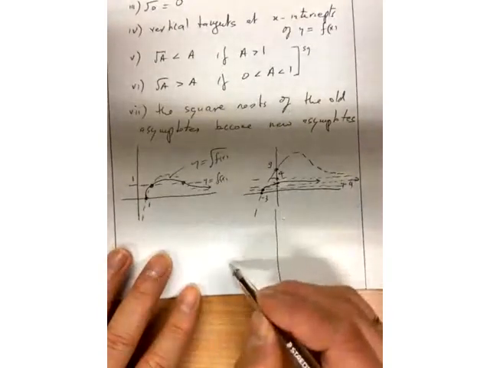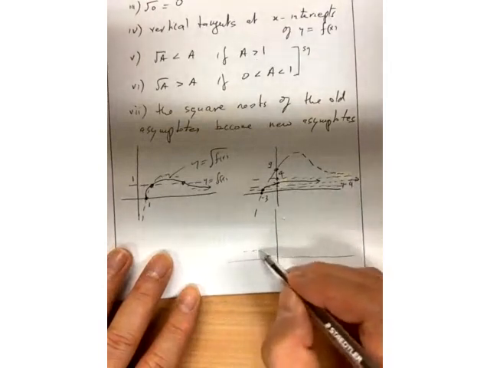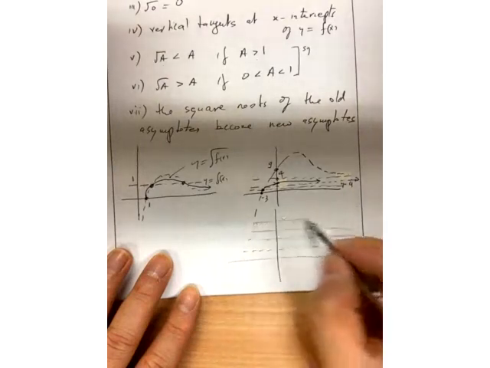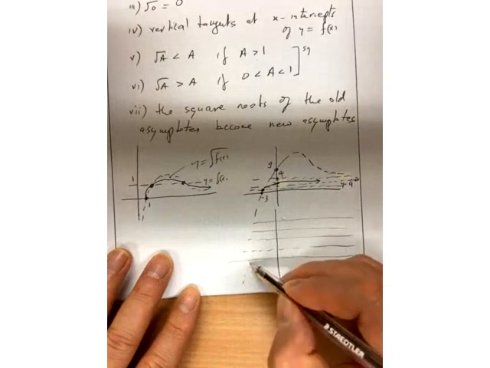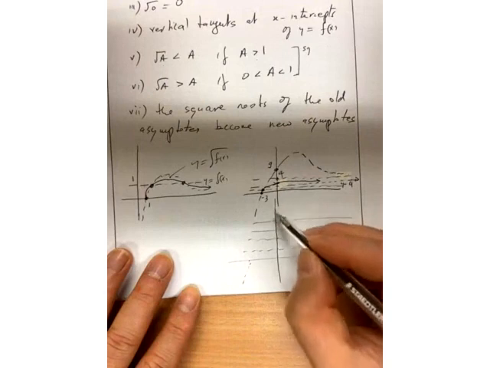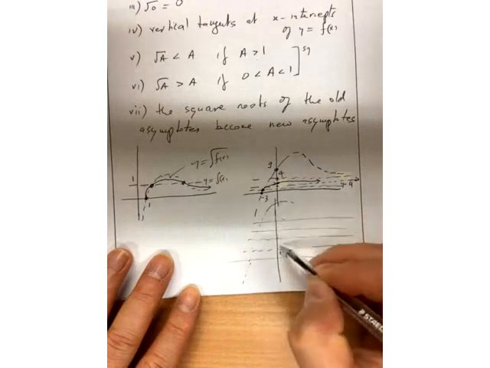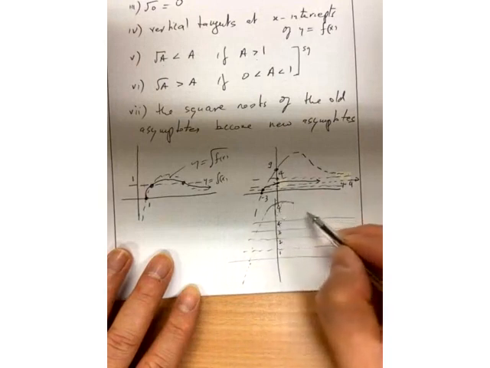I'm going to exaggerate things. So that's y equals 1, 2, 3, and then 4. So 1, 2, 3, 4, and then that's going to hit it at 9 apparently. So that's the original curve.